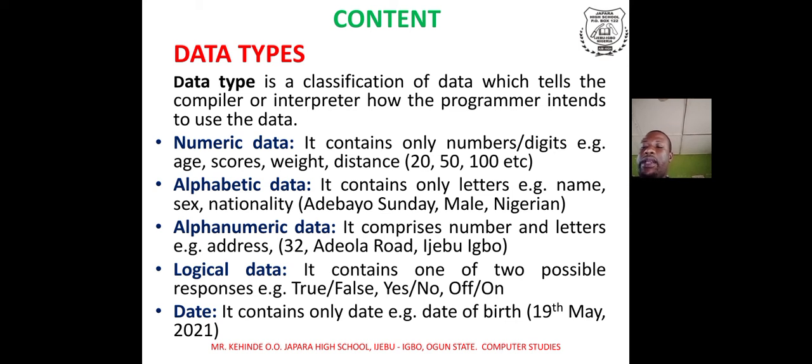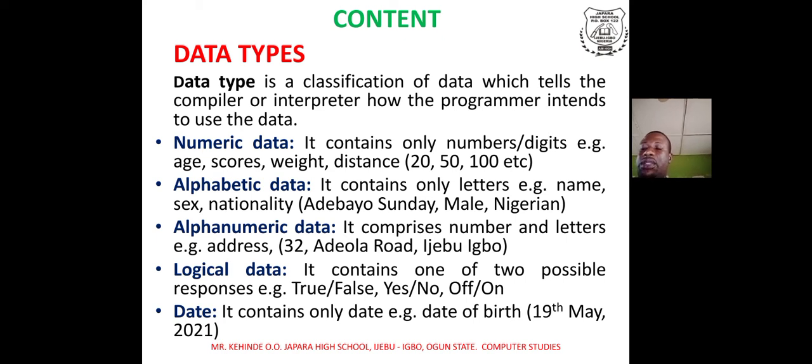We have the numeric data that contains only numbers or digits, like the age of a student, the scores, the weight, the distance. Then we also have the alphabetic data that contains only letters, like name, sex, nationality, etc. Then we have the alphanumeric data that contains numbers and letters, for example, the address of a student.